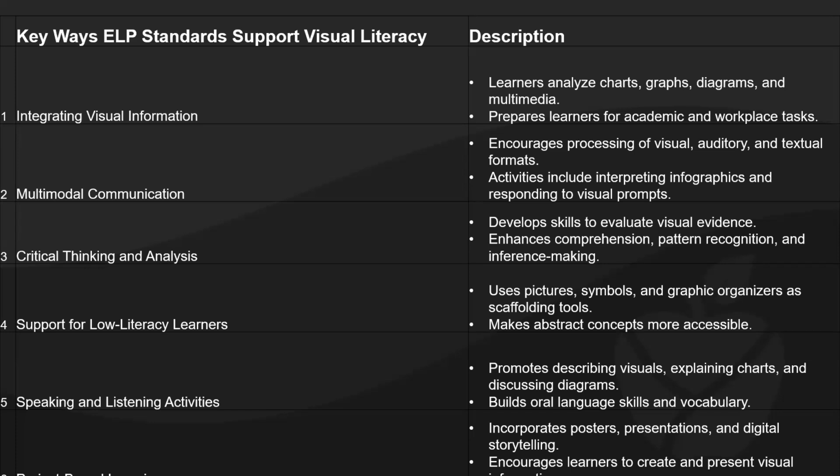Activities such as describing visuals and discussing diagrams enhance speaking and listening skills, while project-based learning, including posters and digital storytelling, foster visual communication. Now, these standards equip our learners with the skills needed not just for academic and workplace, but also for everyday success.